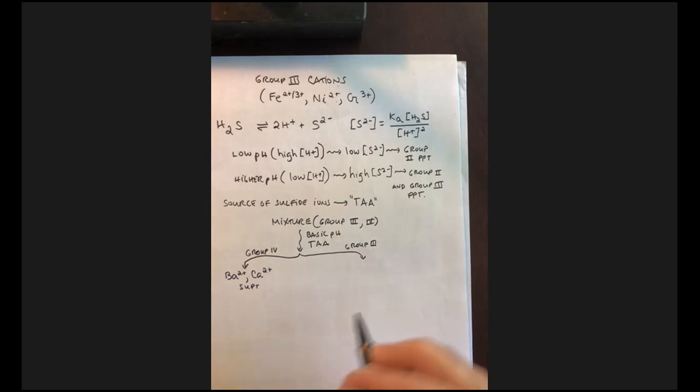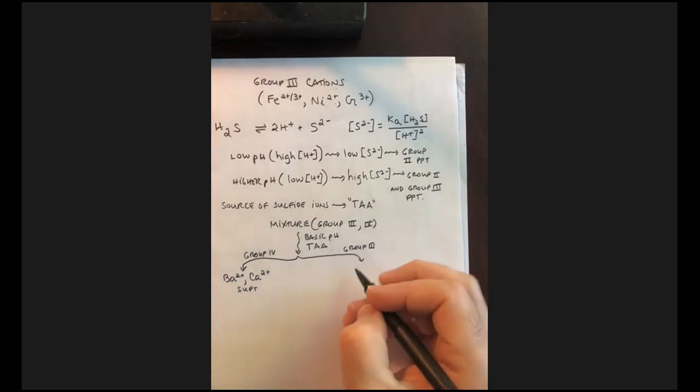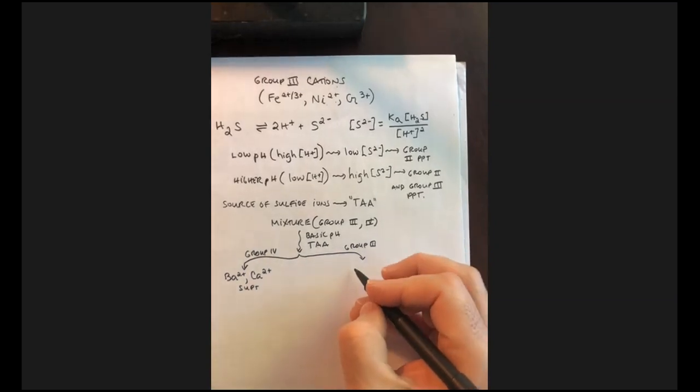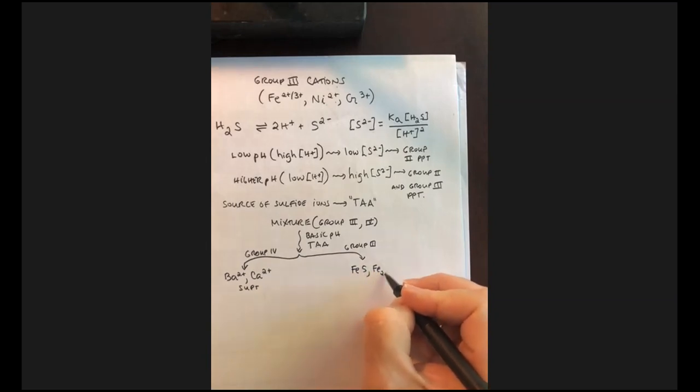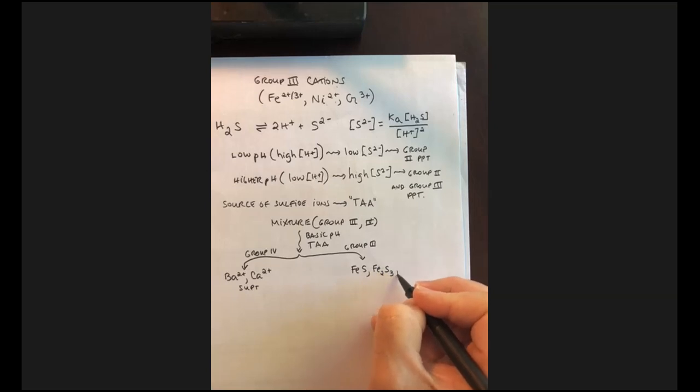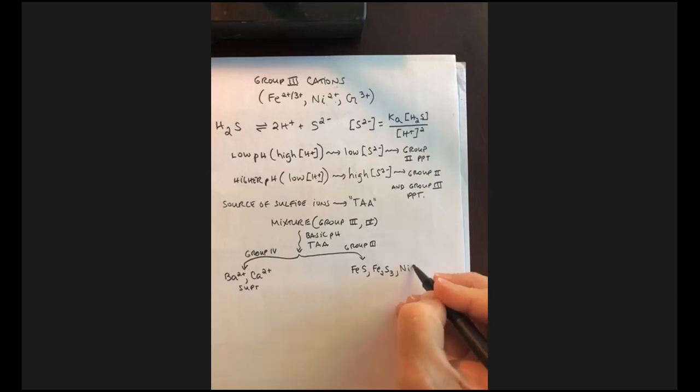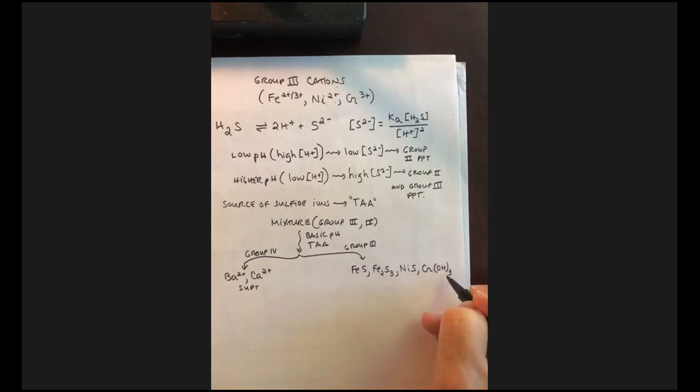Now, what's going to be interesting here is that these are going to precipitate ultimately as sulfides of, let's say, iron 2, iron 3, nickel sulfide. But the chromium is actually going to remain in the form of the hydroxide that is caused by the action of the basic pH.